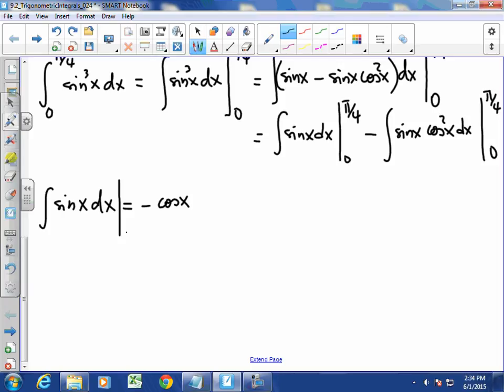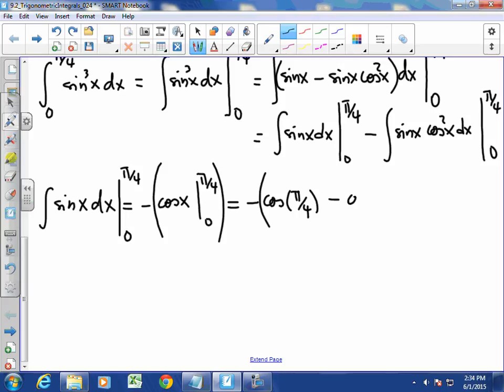Now, if you're evaluating from 0 to pi over 4, we get negative cosine of pi over 4 minus cosine of 0, with the minus in parentheses outside. What is cosine of pi over 4? Cosine of pi over 4 is root 2 over 2. Cosine of 0 is 1. So that part is done.